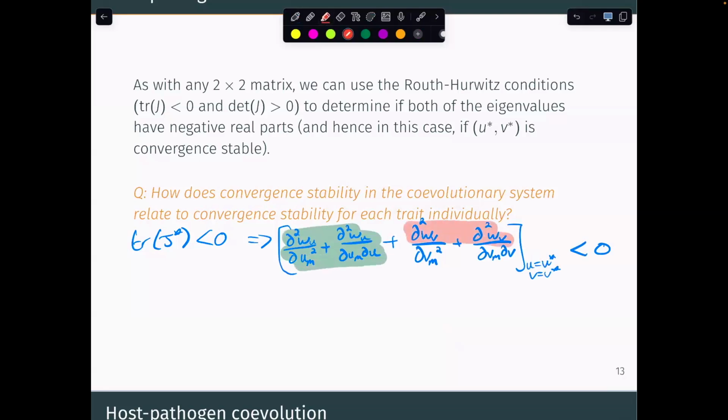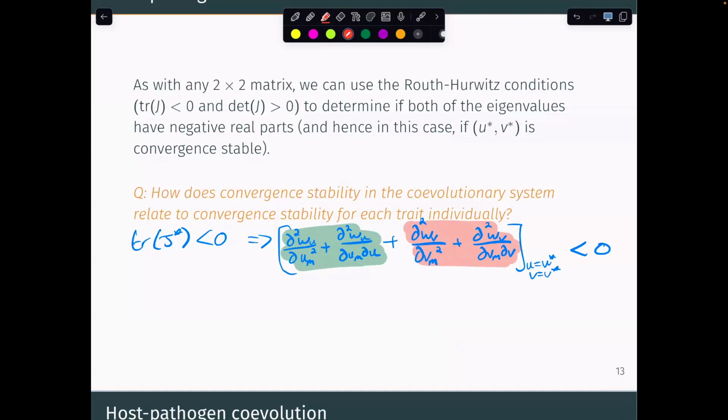Does anyone recognize these things here? I'll forgive you if you don't. Yes, these are convergent stability in one dimension. So can you conclude anything about at least the trace here based on the convergent stability of these things in isolation?